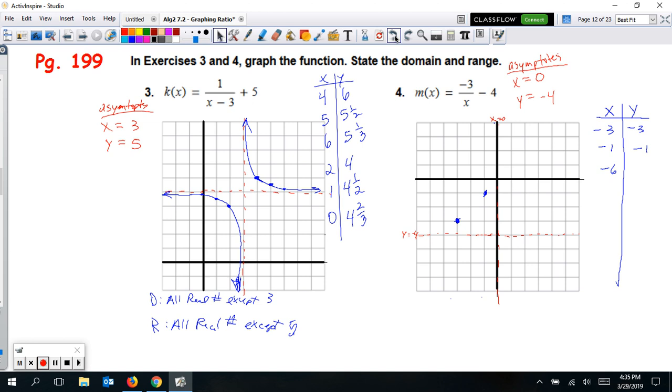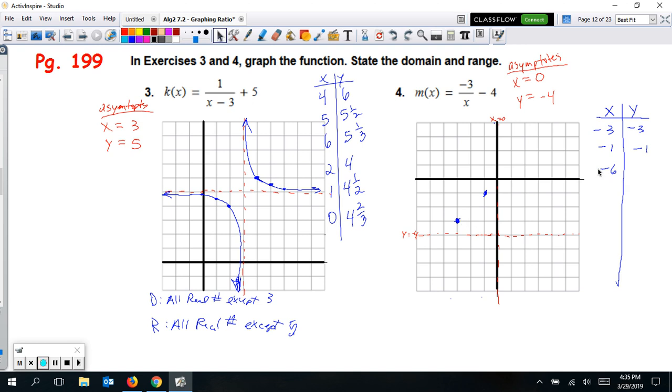And then I'm picking -6. Now you might think, okay, well, why didn't I pick -2? I didn't pick -2 because that would give me -3 over -2, which would be an improper fraction there, and it might be a little more challenging to figure that out on the coordinate plane.